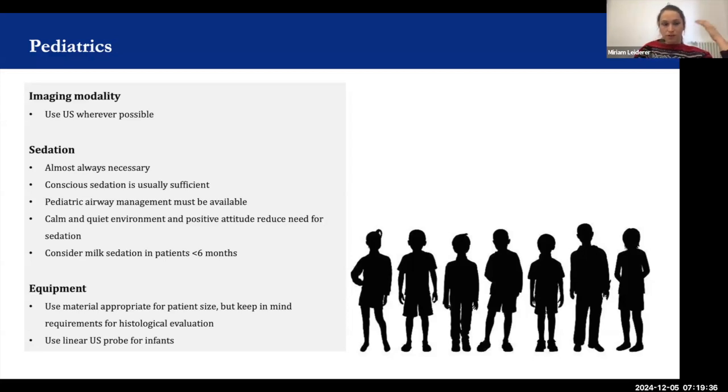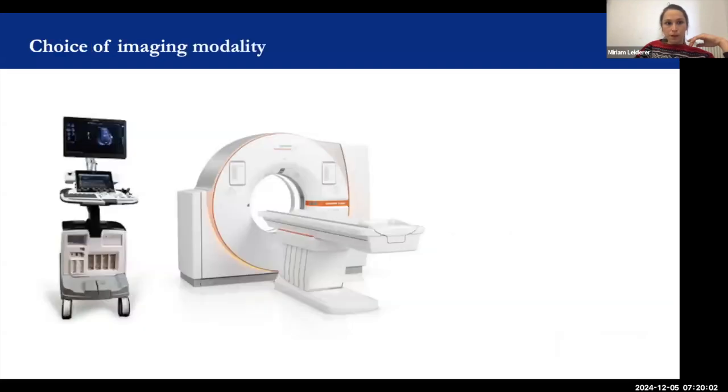The cells aren't any different, not a different size, and so you usually don't go anything smaller than 20 gauge. And if you can use an 18 gauge safely, then you can use that and make the pathologist's life a little easier. And for infants, you can use linear ultrasound probes because of the small body diameter.